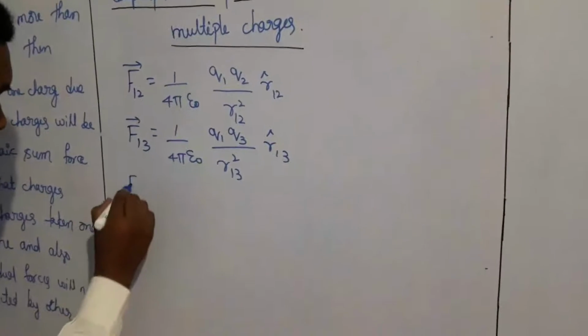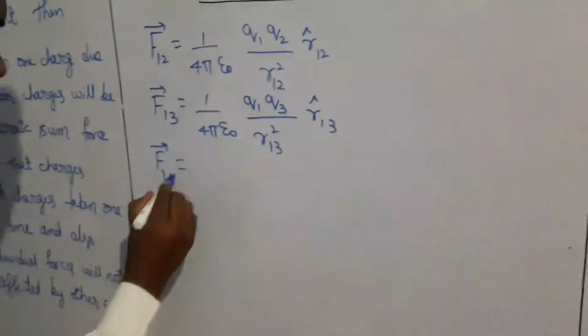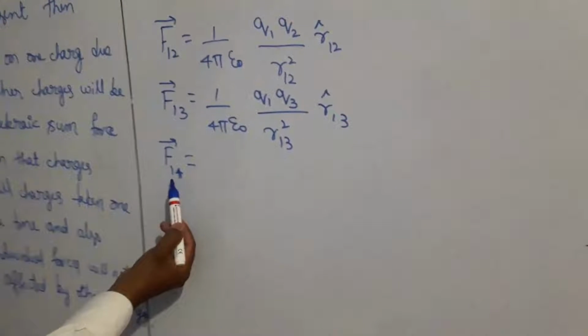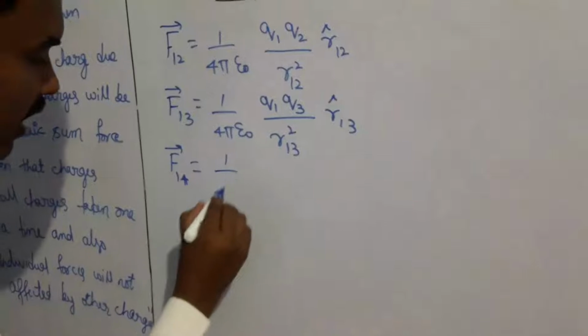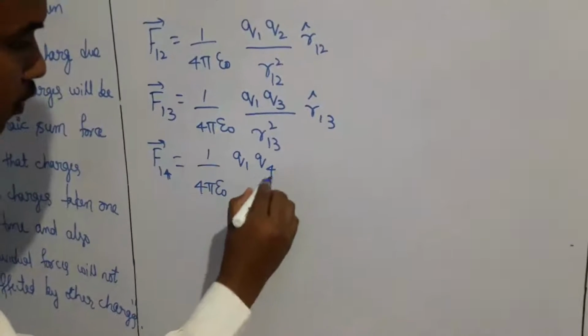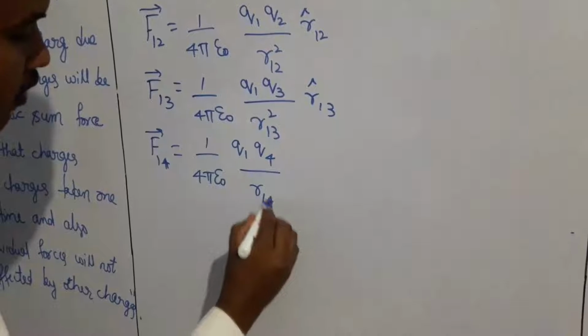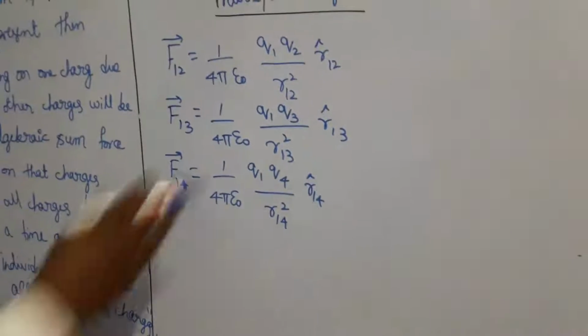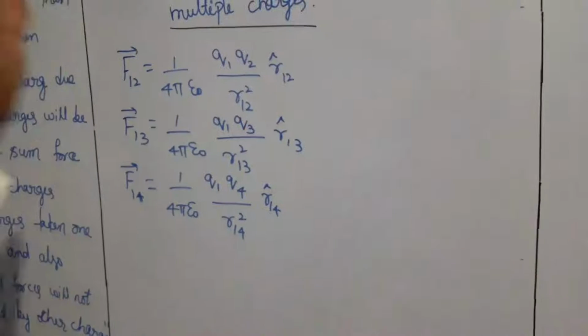Like that, force acting on first charge Q1 due to fourth charge, F14, will be written as 1 by 4 pi epsilon naught Q1 Q4 by R14 square R14 cap. Like that, individual forces we can write by using Coulomb's law.